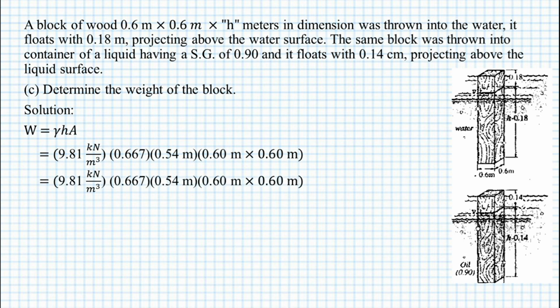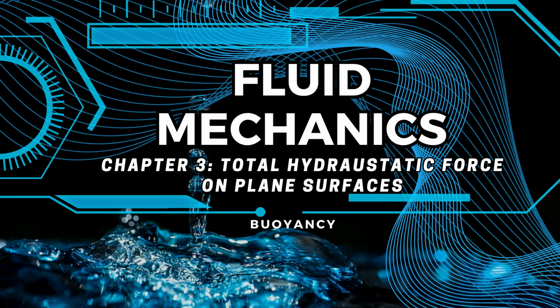Cancel out the same units, we have 9.81 kilonewton times 0.667 times 0.54 times 0.60 times 0.60. We have the total weight of 1.272 kilonewton.